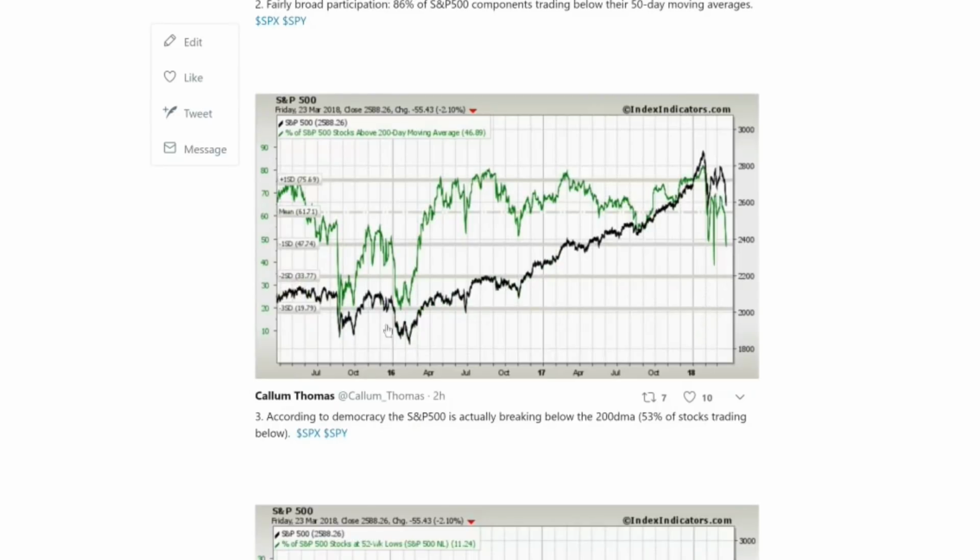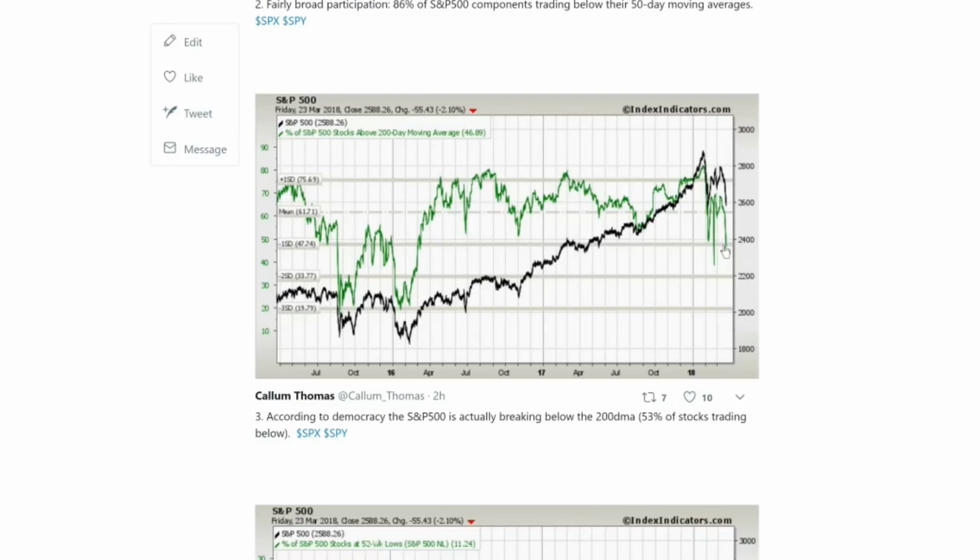And the number 3 chart is breadth again. This is 200-day moving average breadth, and there, according to the data, as the S&P 500 is actually breaking below the 200-day moving average, 53% of stocks are now trading below their own respective 200-day moving averages.